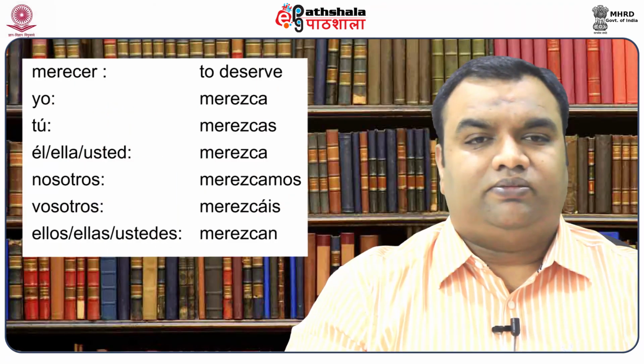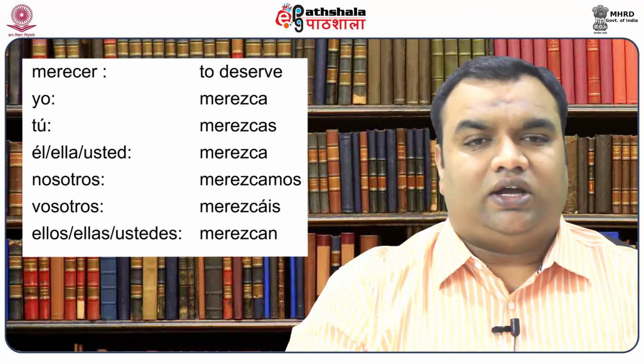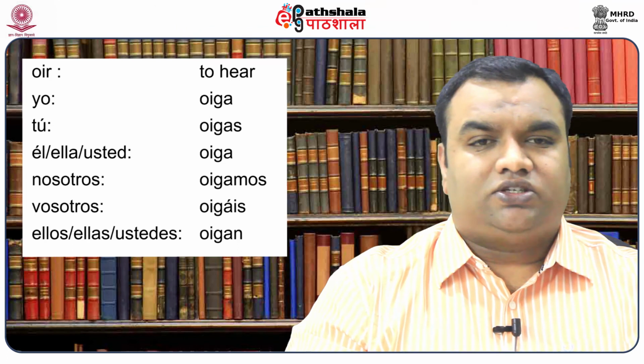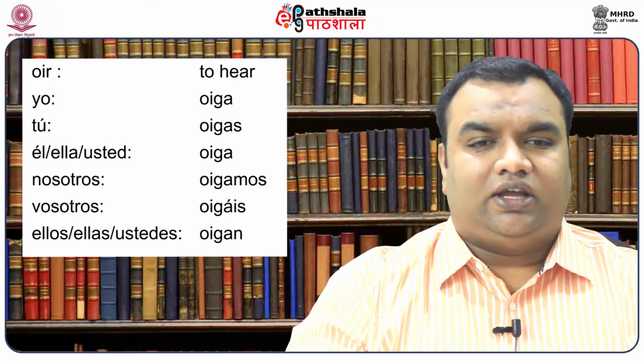The next verb is merecer, which means to deserve, and the conjugations are like this: merezca, merezcas, merezca, merezcamos, merezcáis, merezcan. The verb oír, which means to hear, has the following conjugation pattern: yo oiga, tú oigas, él, ella, usted oiga, nosotros oigamos, vosotros oigáis, ellos, ellas, ustedes oigan.